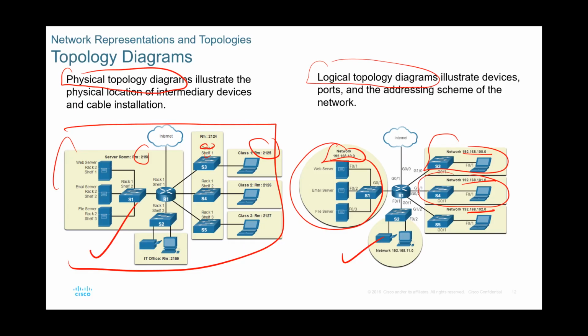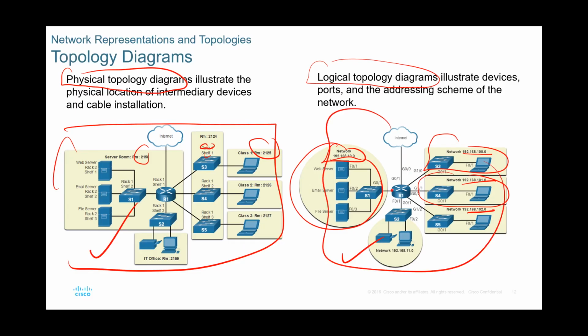So the point I'm making is this: the logical topology will show us the IP addresses of all these devices and the network they belong to, and how we can access these devices, the addresses to use to access them. This is not even detailed.